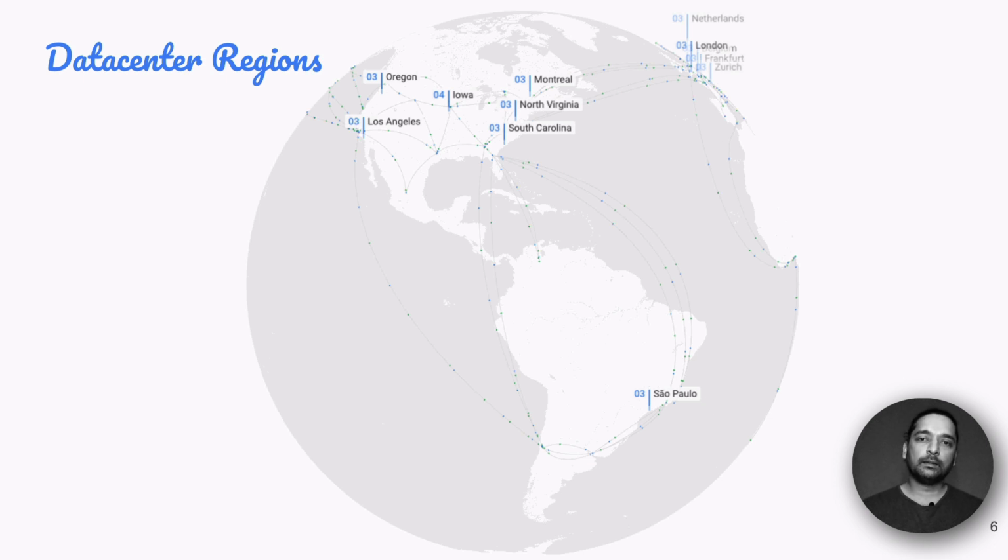This means that even if a region is affected by some local geographic problem, like say floods or an earthquake or a political situation, the other regions still have a very, very high chance of being available. Almost certainly, these regions are going to be available even if one or the other goes down.